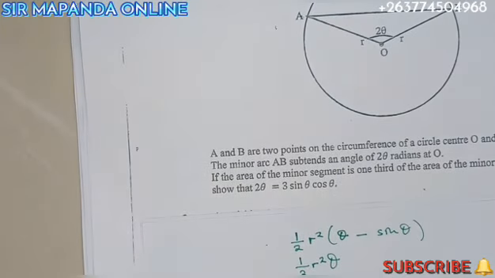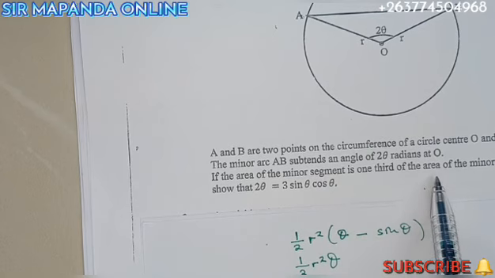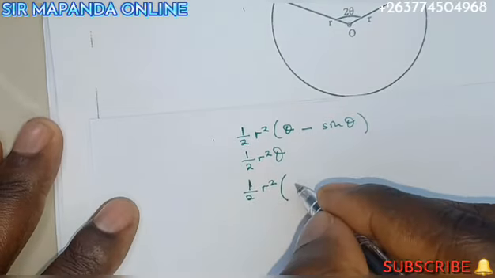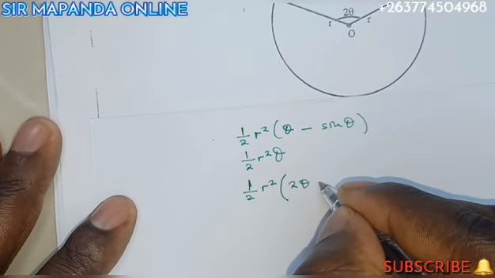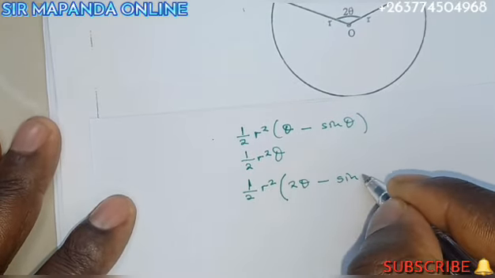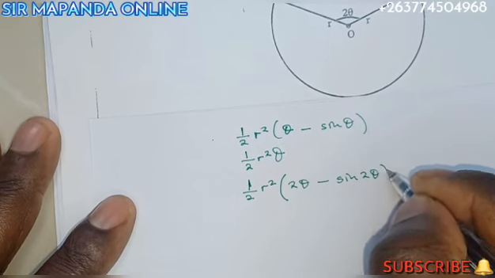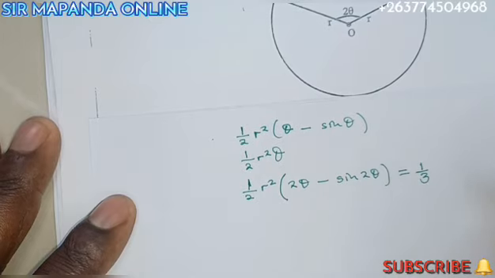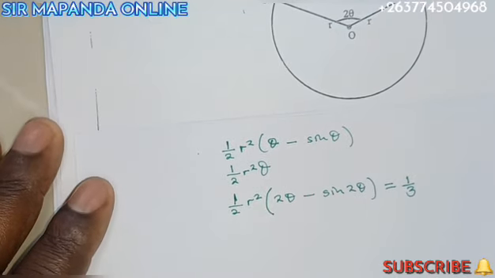So the question is saying the area of the minor segment is 1/3 the area of the minor sector. So if I substitute 2 theta, you get 2 theta minus sine 2 theta is equals to 1/3 the area of the minor sector.